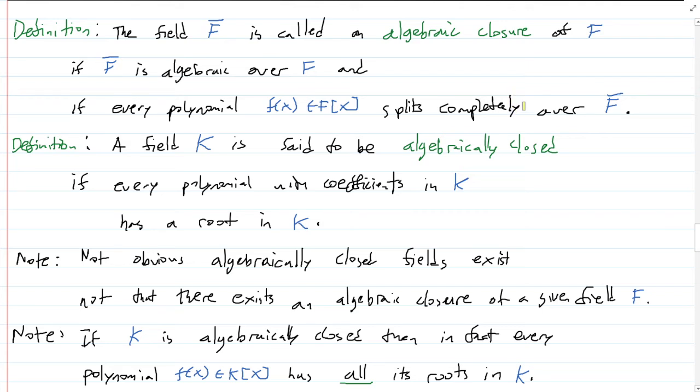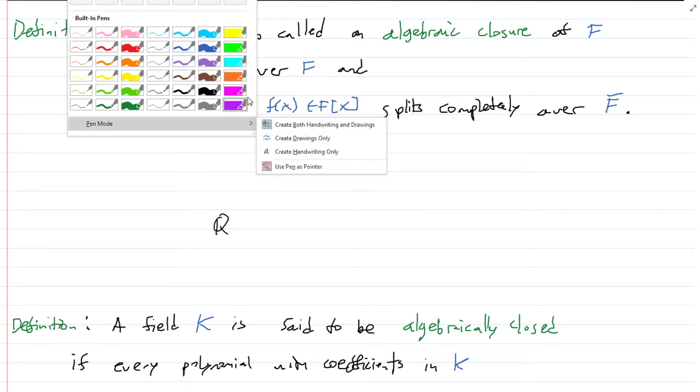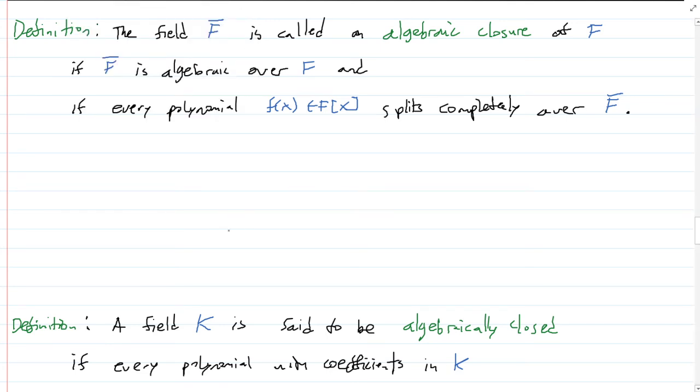No, no. Let me give an example. Let's say you have Q, and then an algebraic extension like Q adjoin square root of 2.